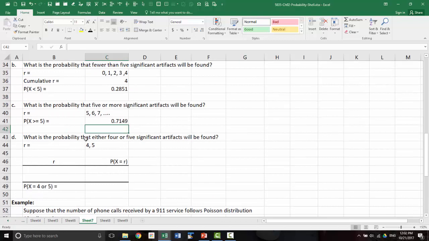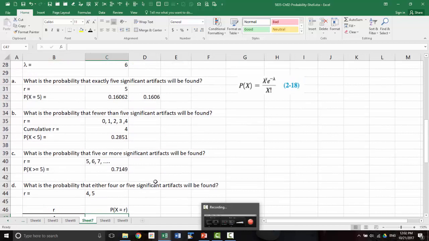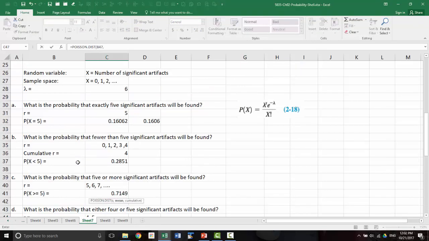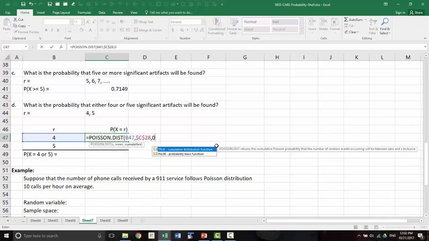What is the probability that either 4 or 5 significant artifacts will be found? So we want either 4 or 5. Well, this is easy enough. All we have to do is set up the formula for each of them and add them up. So POISSON.DIST, lambda, let's make lambda an absolute reference, and we have to do 0.